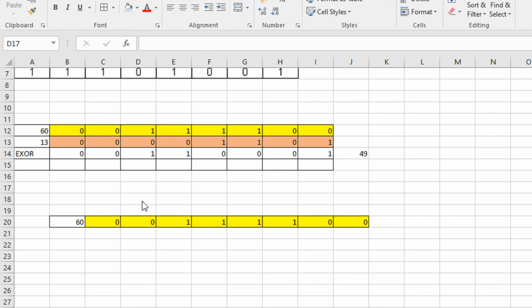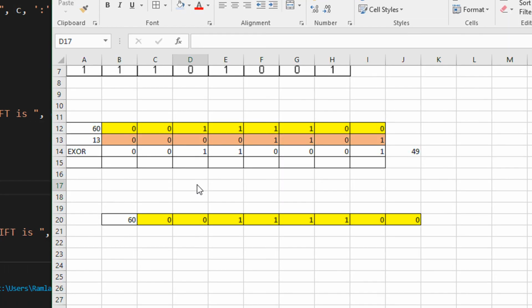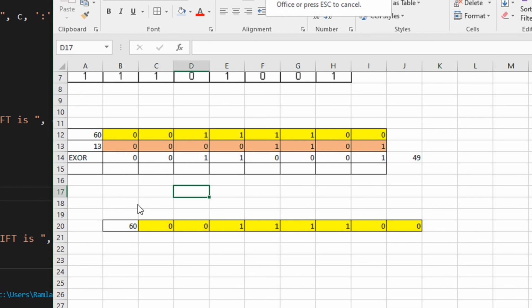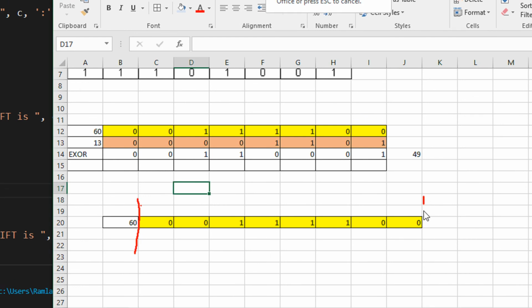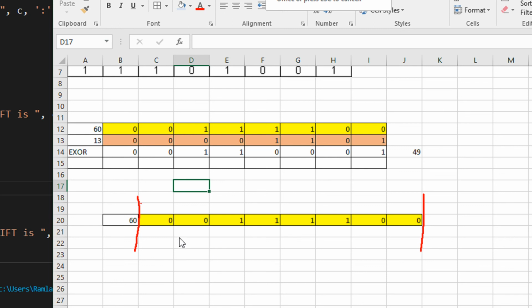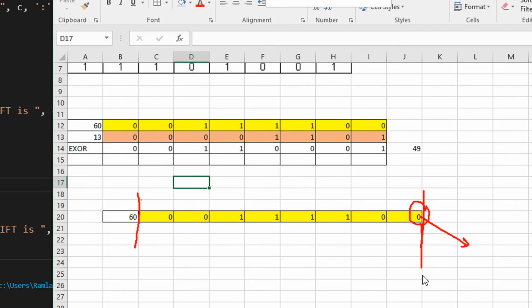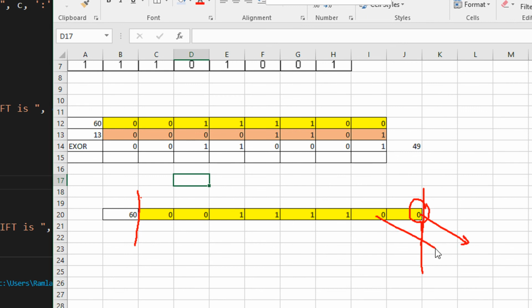So whatever you do, the boundary is still same. So I have this boundary of 8 bits. When I'm shifting, so what happens now? When I'm shifting to the right, I start from the least significant bit. So this gets lost here, right? Even this will get lost here.